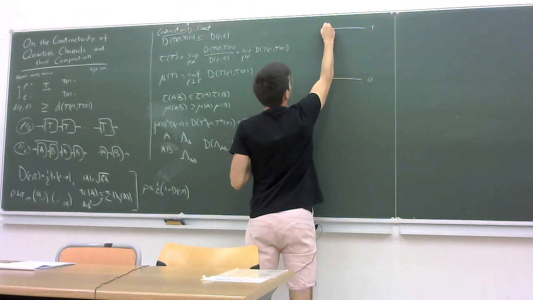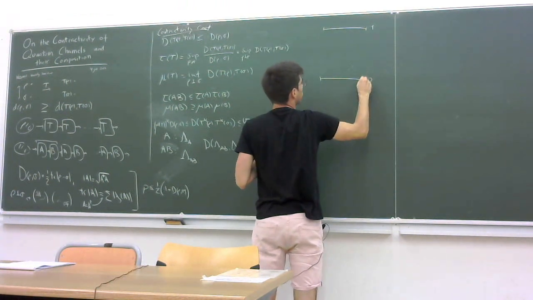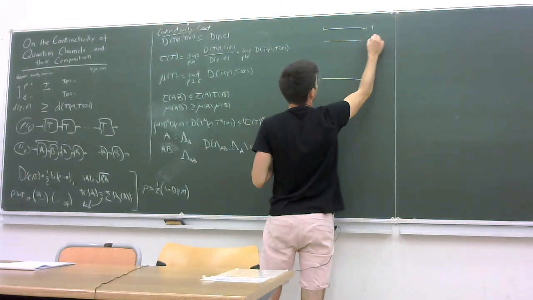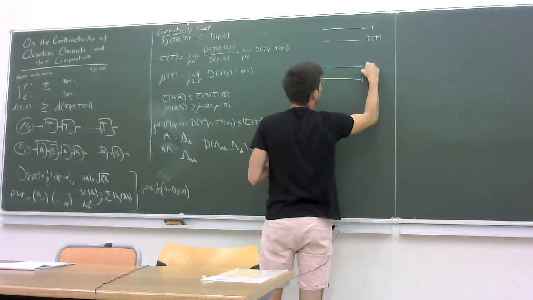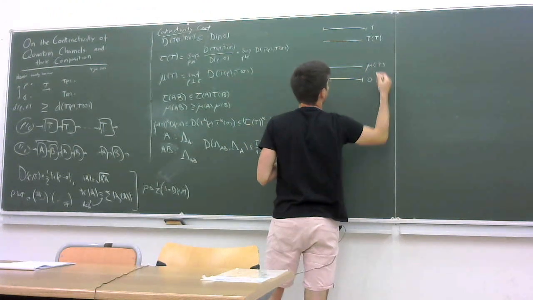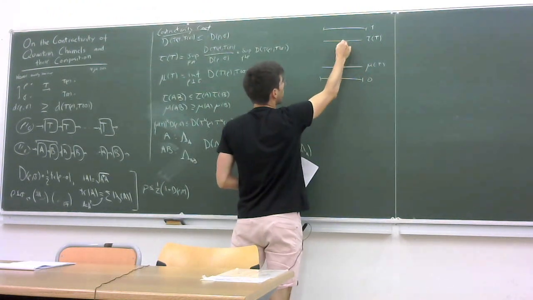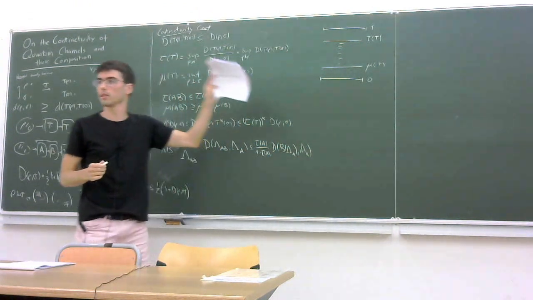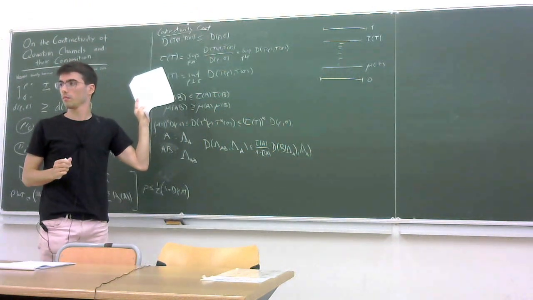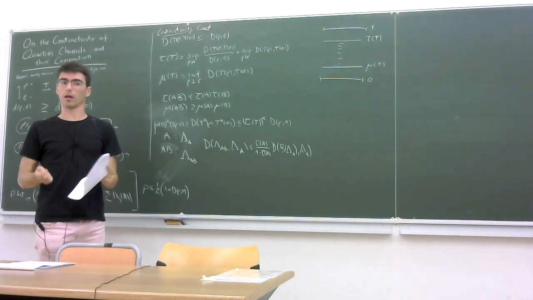Now what we have are values in between, tau of t, mu of t, and we would like to have some sequence of values in between characterizing the contractivity of our channel. That's what I would like.